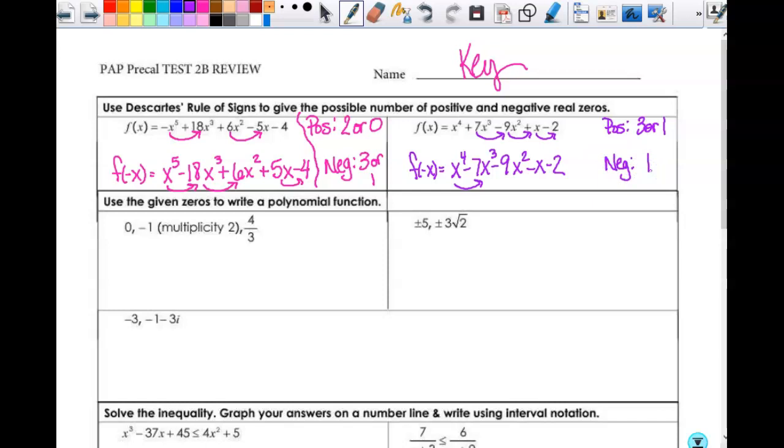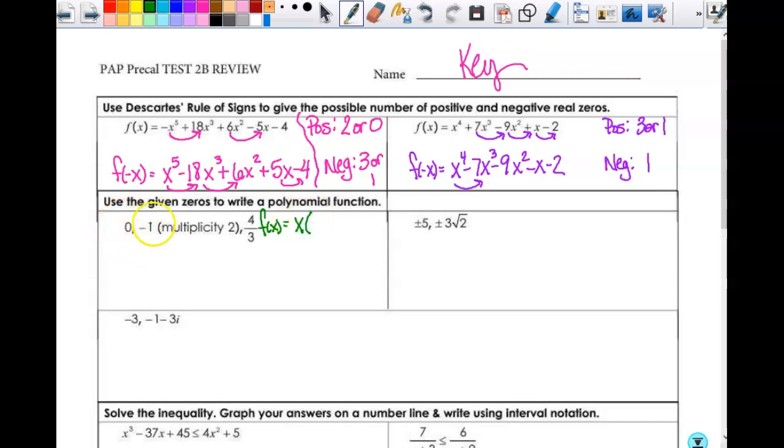All right, so then here, I'm going to write my polynomial function. I've got a 0, a negative 1 with a multiplicity of 2, and then 4/3. So when I write this with my factors, f of x is going to equal, well, if my 0 is 0, I get x.